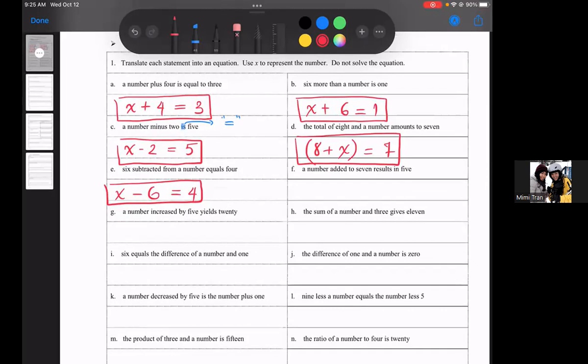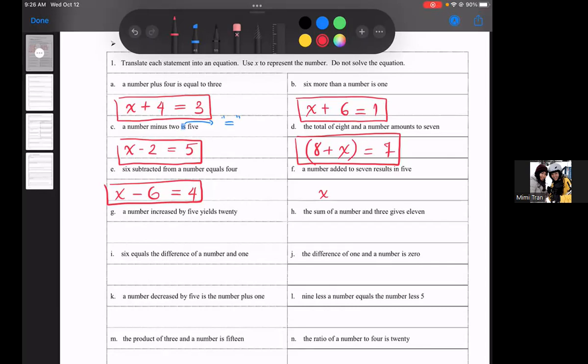Natalie, you have any questions? Or Devanda, you have any questions? No. All right, if you have questions, please ask, okay? A number added to 7 results in 5. Somebody else, don't let one person do all the work. Somebody who hasn't spoken yet.